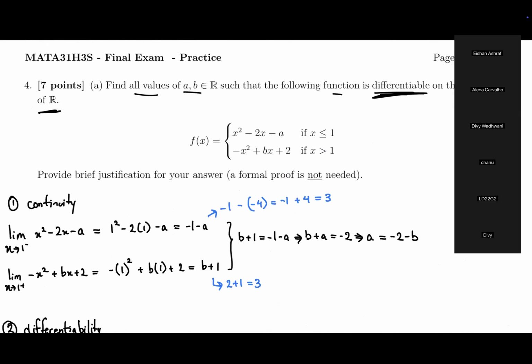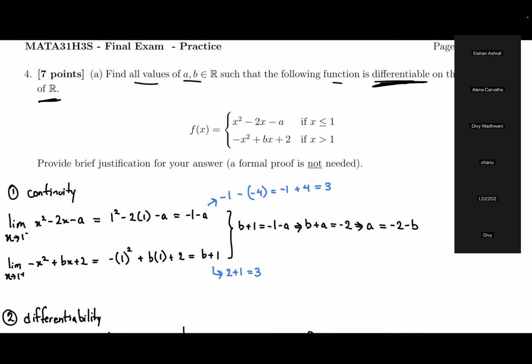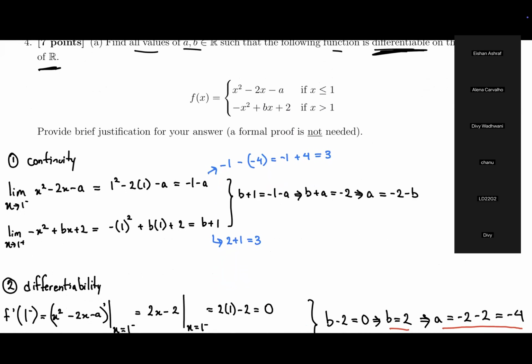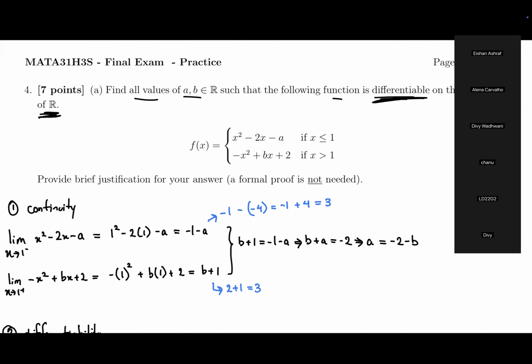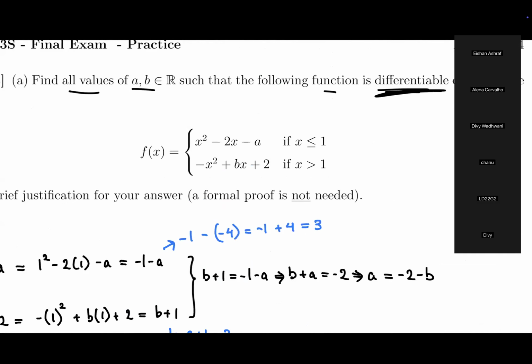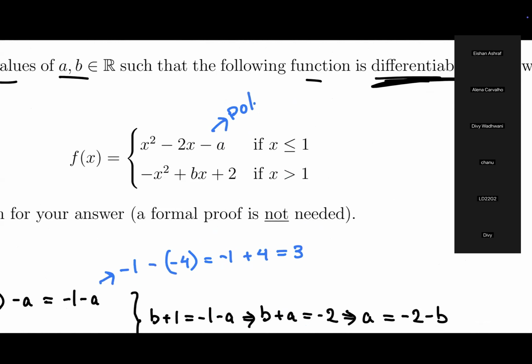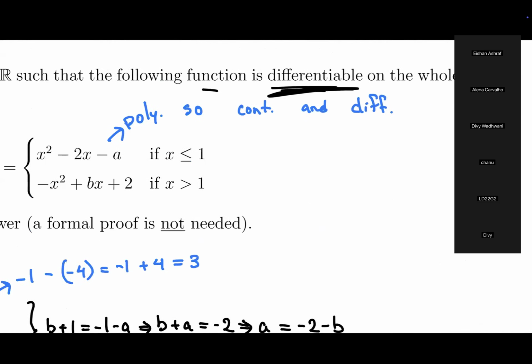I'm not sure if it's necessary because I was going through the prof's solutions, but because they are asking for the entirety of R, you might have to also specify that because this is a polynomial function, it's continuous and differentiable on its domain, which in this case is negative infinity to 1.